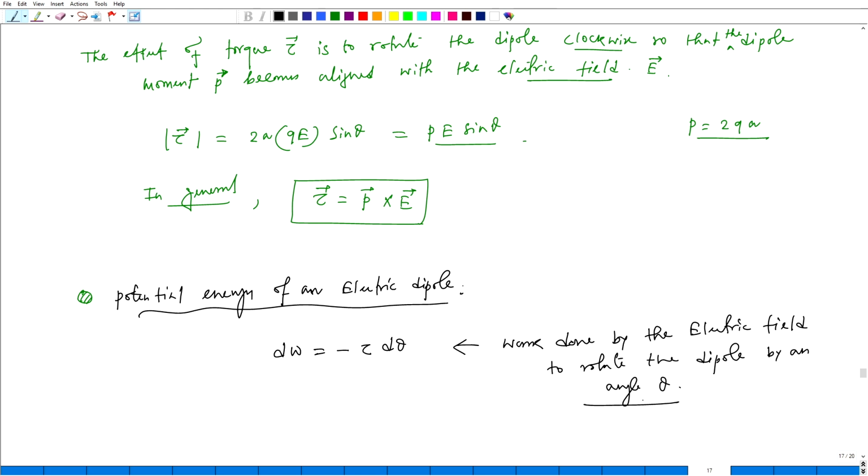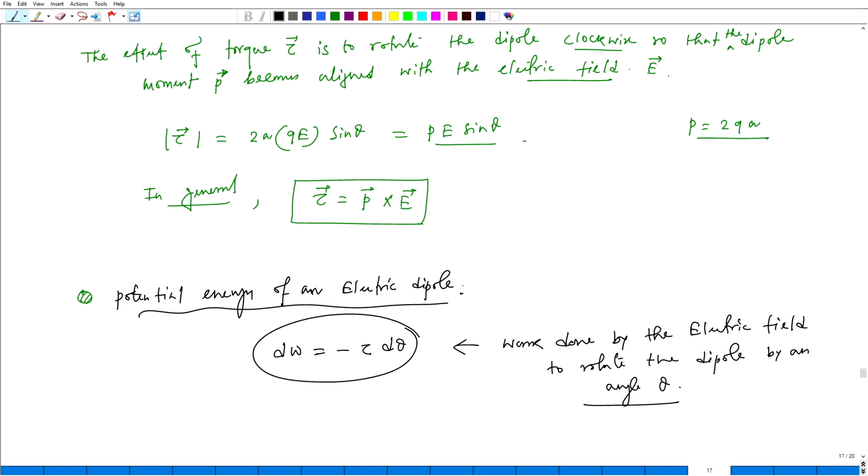Here tau is the torque that we calculated just before, and the negative sign indicates that the torque opposes any increase in theta.